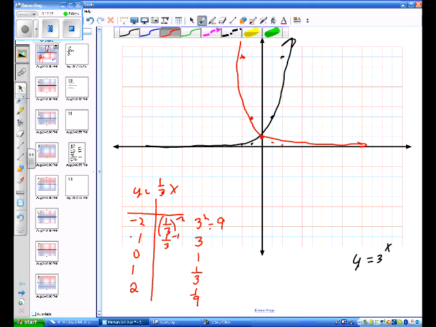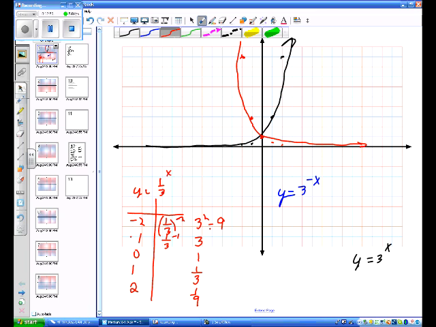Here our base, for the black one, our base was 3. Here it was 1/3. Another way we could have written this second graph, we could have written that equation as y equals 3 to the -x. Remember, a negative exponent says we want the reciprocal of the base, so that would be the same as (1/3) to the x.